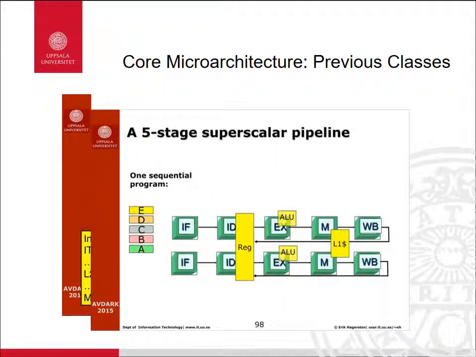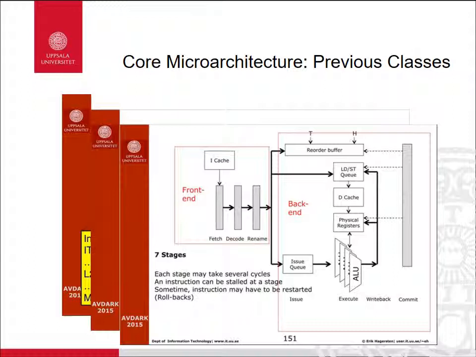Then you saw some optimizations in the pipeline that improve ILP, such as the superscalar pipeline and the out-of-order pipeline. You also studied the Tomasulo algorithm that lays out basic principles for instruction scheduling in an out-of-order pipeline. Modern core designs also aim at improving ILP, and while there has been a lot of innovation, the basic principles remain the same. Keep these principles in mind. They will help us understand more modern core designs.